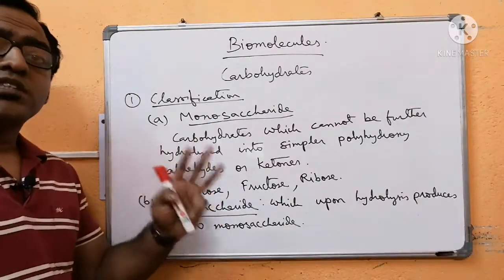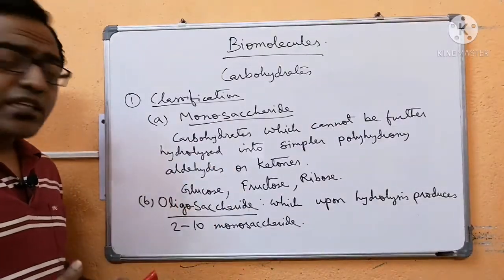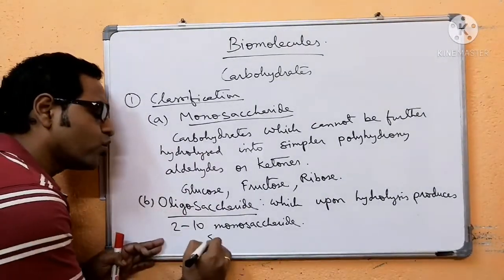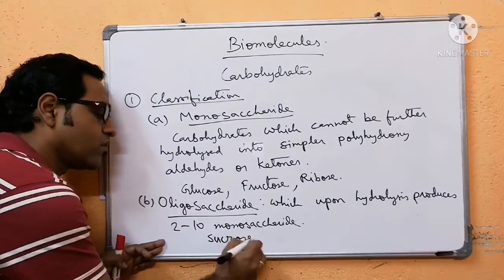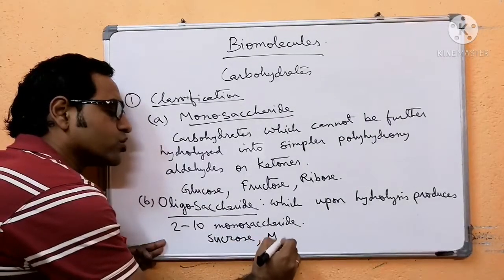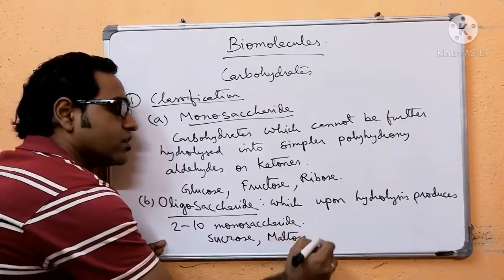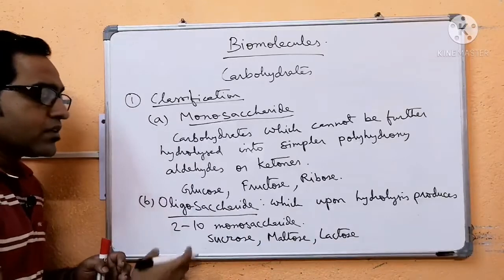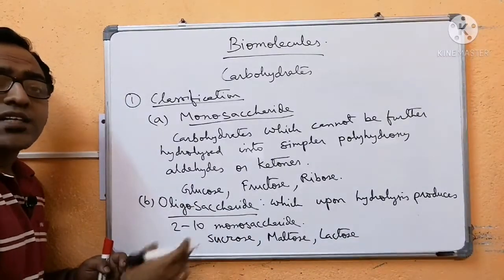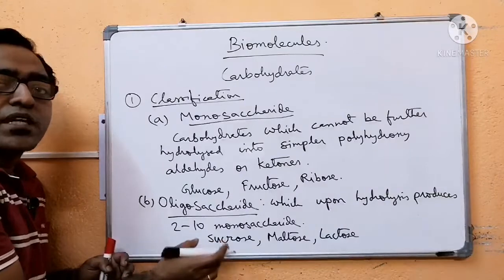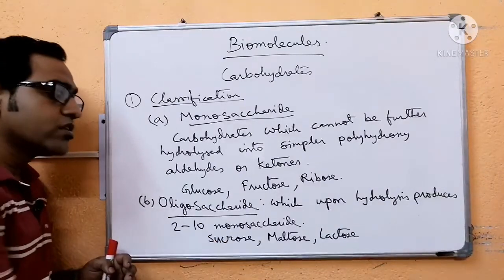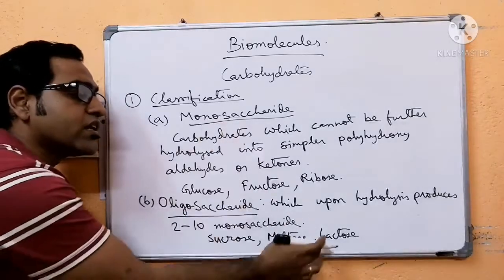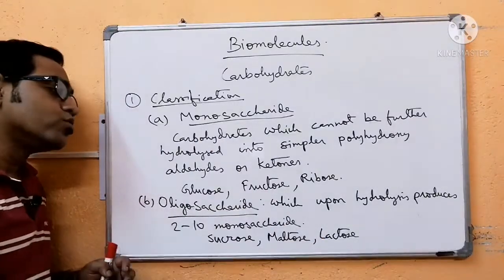If it produces 3 monosaccharides, we call it trisaccharide. If 4, then tetrasaccharide. Examples: sucrose, maltose, lactose. All these 3 belong to disaccharides because sucrose is made up of glucose and fructose. Maltose is made up of glucose only, 2 glucose units. Lactose contains galactose and glucose.